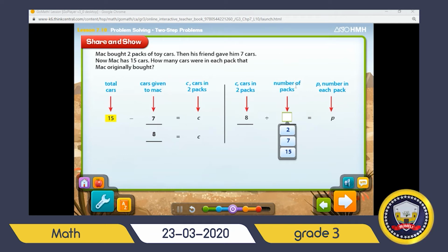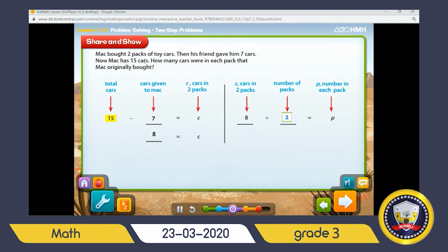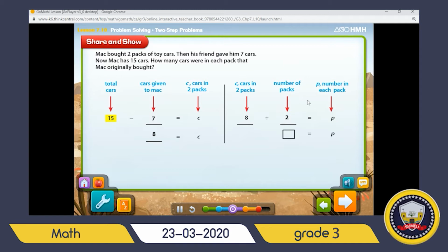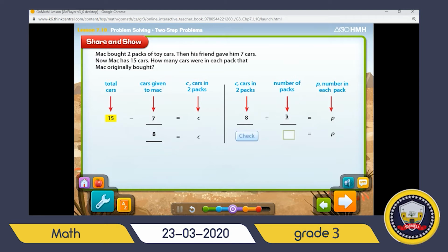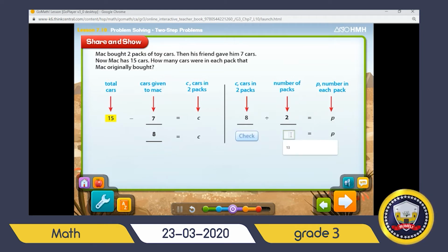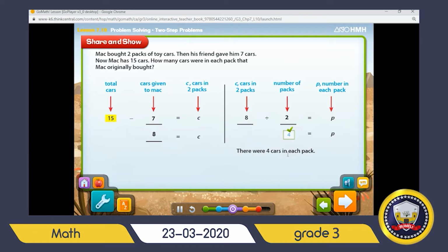If I want to find the number in each pack, I need to divide it by 2 because he has 2 packs. So at the end of this division, I'll find the total number of toy cars in each pack. 8 divided by 2. What will I get? Good job. I'll get 4. Let's check our answer. So it means there are 4 cars in each pack.